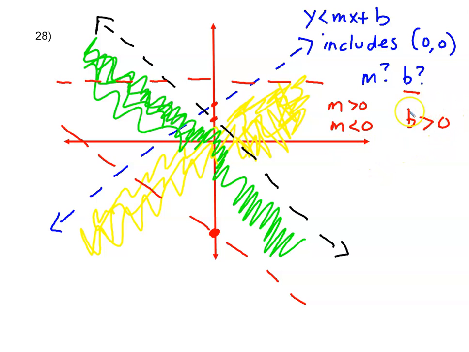So as long as the y-intercept is positive, the slope could be any number. Okay, so that's what they're after here. What would the only possibilities be for this number called the slope and the y-intercept if the origin is going to be a part of the solution?